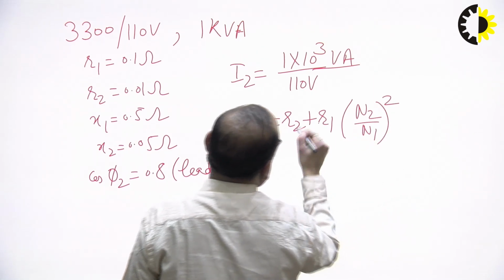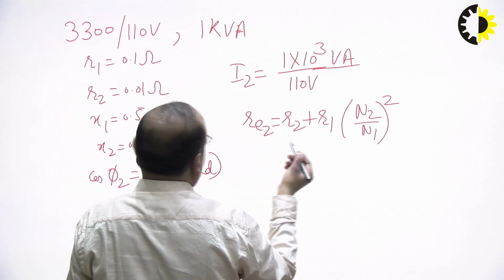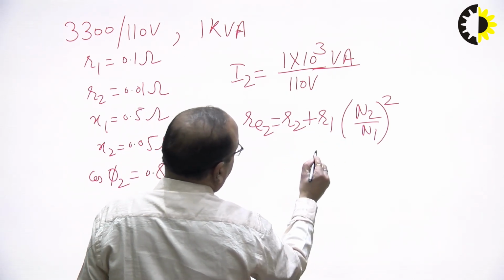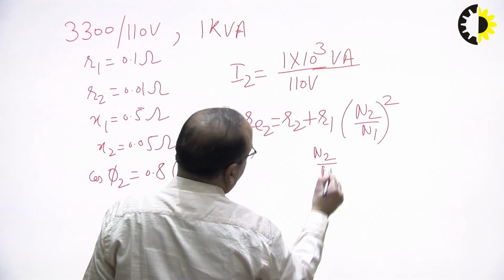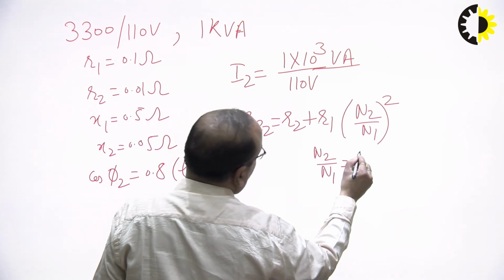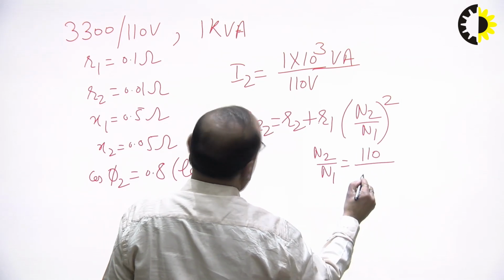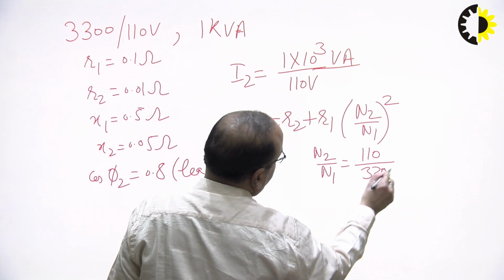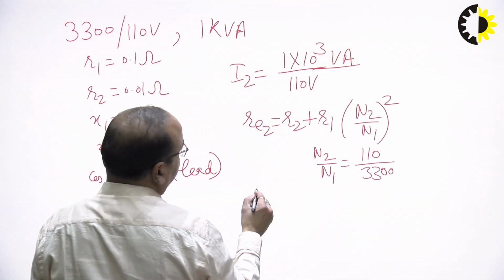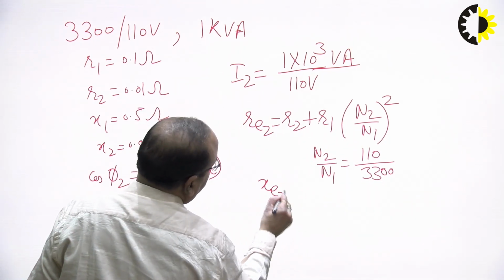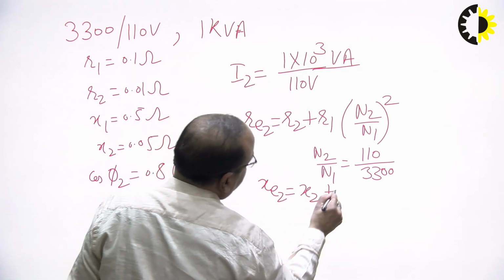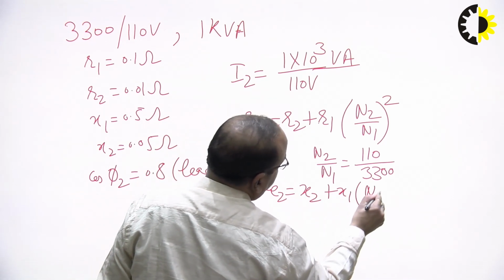R1 and R2 are known to me, and N2 upon N1 will be V2 upon V1, that is 110 upon 3300. So, I will place that in this formula.